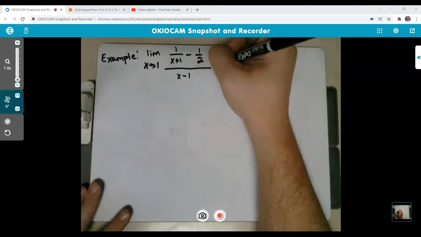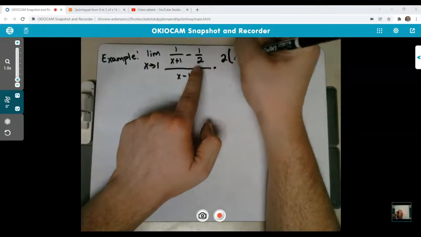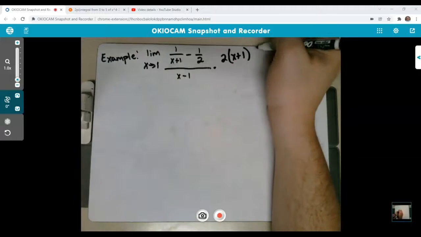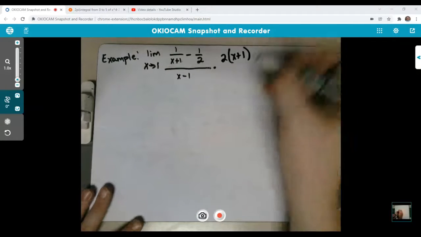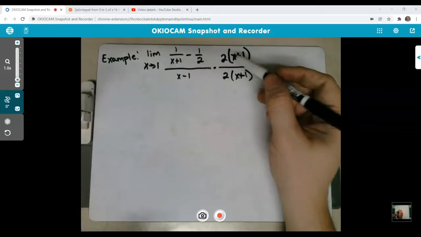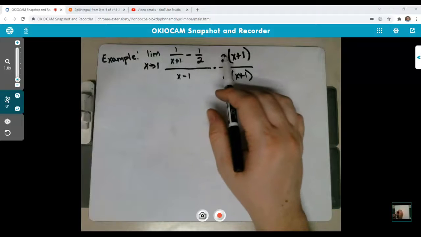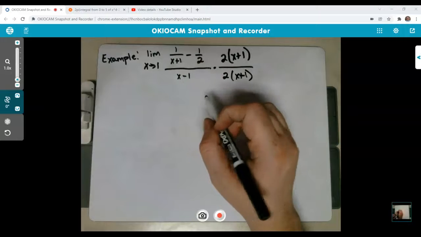So how I'm going to do that is multiply by 2 to get rid of the 2, and by x plus 1 to get rid of the x plus 1. But remember, if I do that on top, I've got to do that on the bottom too. And the point of that, again, is just to get rid of these denominators here. So multiply by 2, which will get rid of the 2, and then by the x plus 1, which will get rid of the x plus 1.